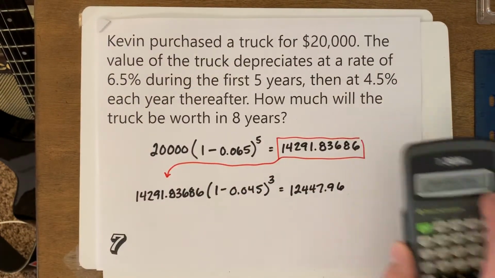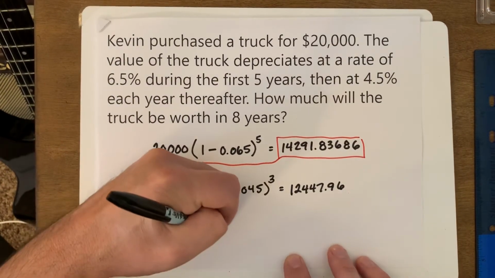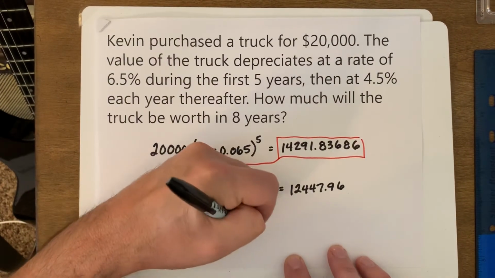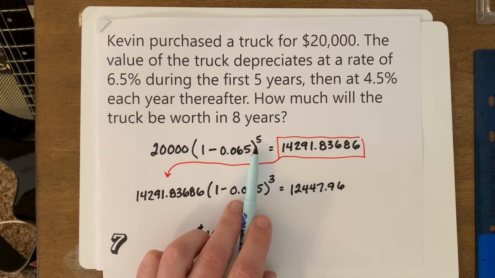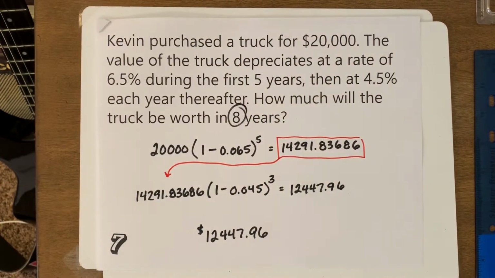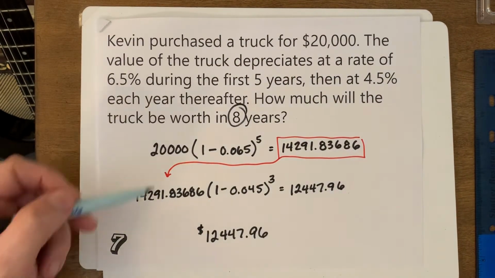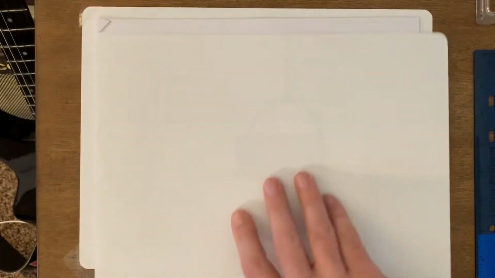So it's looking like after 8 years, 12447.96 is going to be the value of the truck. So here's the first 5 years, then we need another 3 to make a total of 8. We just have to be careful with that and split it up into the 2 problems. Very common on EOCs, that one.